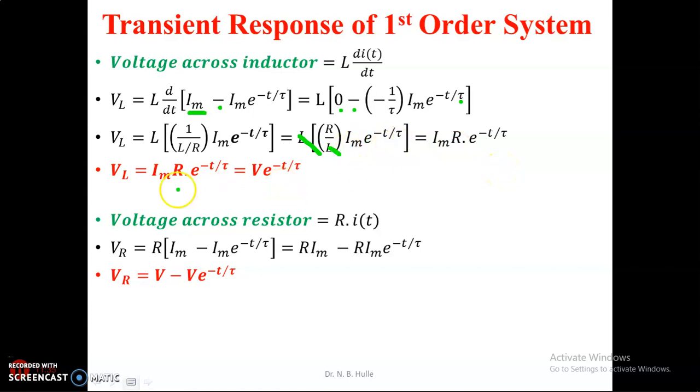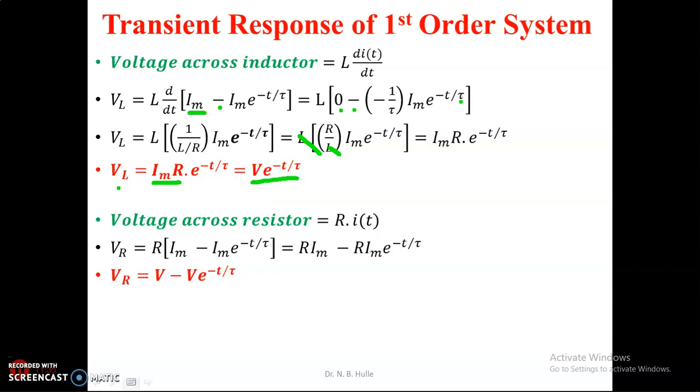If I take the whole term Im into R, it can be expressed as the maximum voltage or applied voltage V. In that case, the voltage across the inductor will be V into e raised to the power of minus t by tau. That is the expression for the voltage developed across the inductor. This is plus V into e raised to the power of minus t by tau.